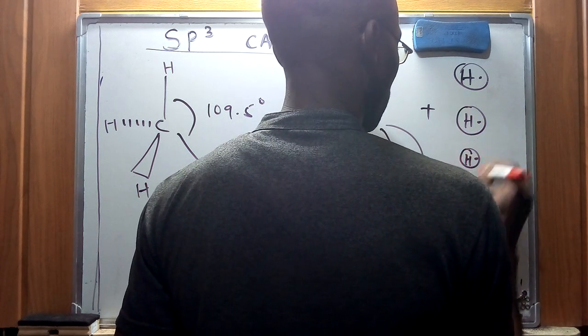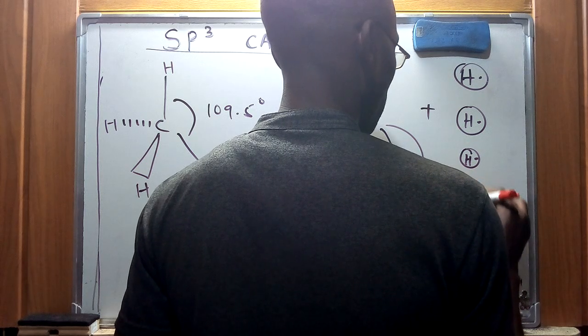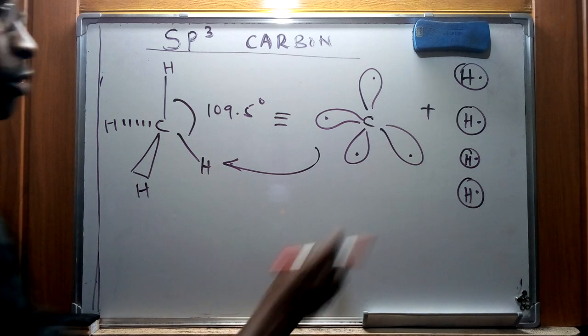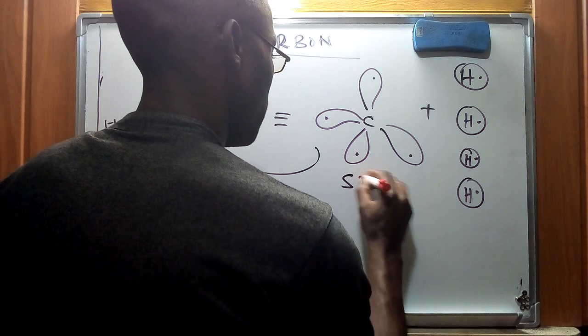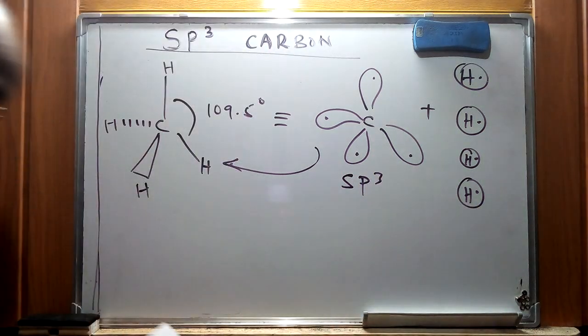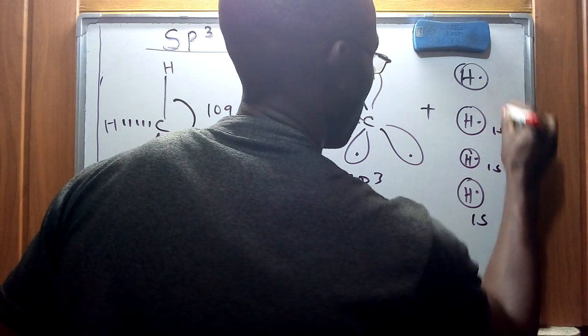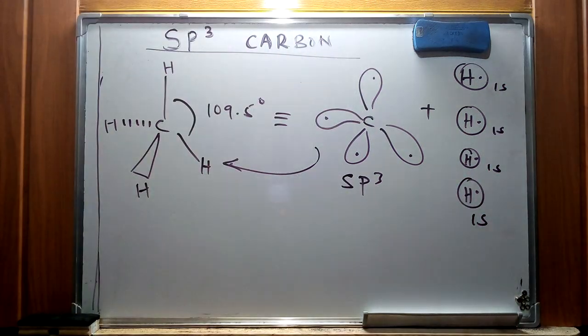I'm going to have 4 of these in order for this compound to form methane, which is going to be sp3 hybridized, just as we have illustrated. So the sp3 hybridized carbon is going to interact with the 1s orbitals of the 4 hydrogen atoms in order to form a methane molecule.